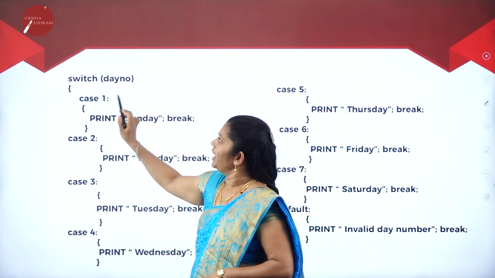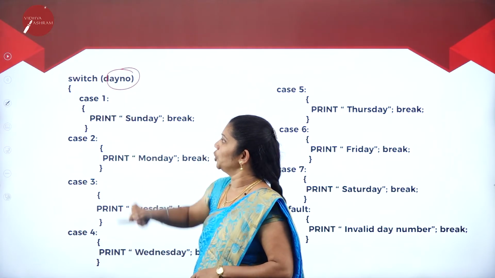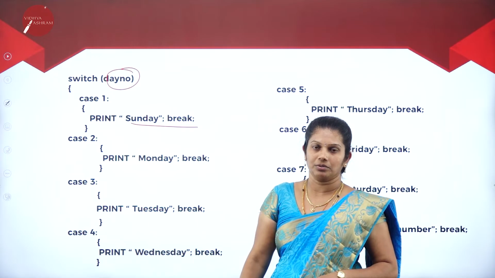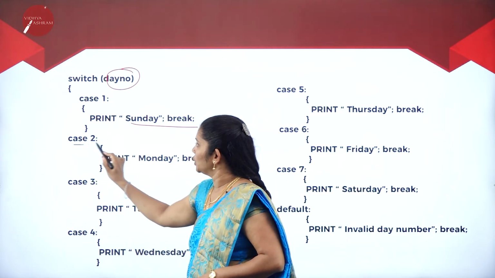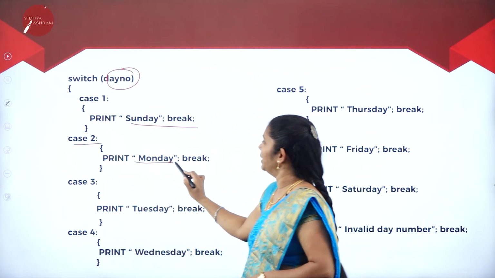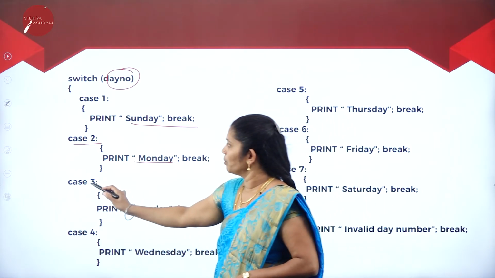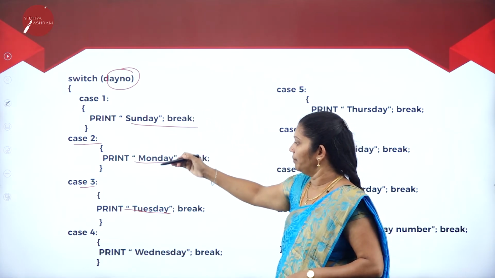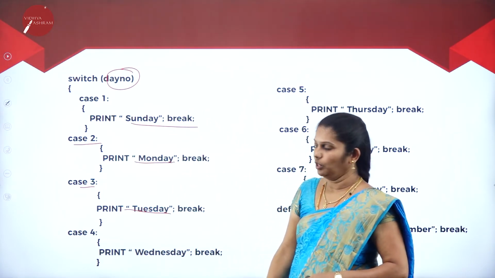On that, if the day number I give is 1, then it will print Sunday, then it has to come out. Otherwise, if it is equal to 2, then it has to print Monday, then come out. If I give 3, then it displays Tuesday, then it has to come out from the loop.